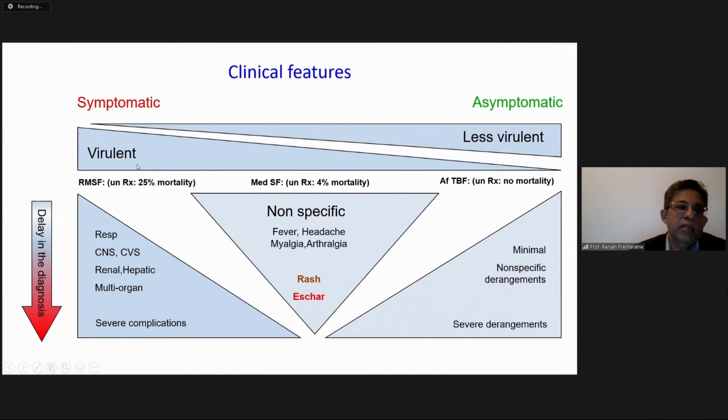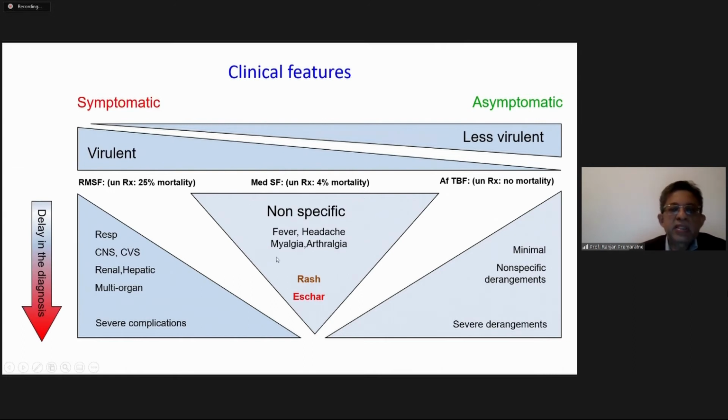You get the symptomatic end as well as the asymptomatic end for rickettsioses. The symptomatic illness is caused by more virulent ones like Rocky Mountain spotted fever, which carries about 25% mortality. At the other end, African tick bite fever does not usually cause any mortality, because of its lesser virulence.